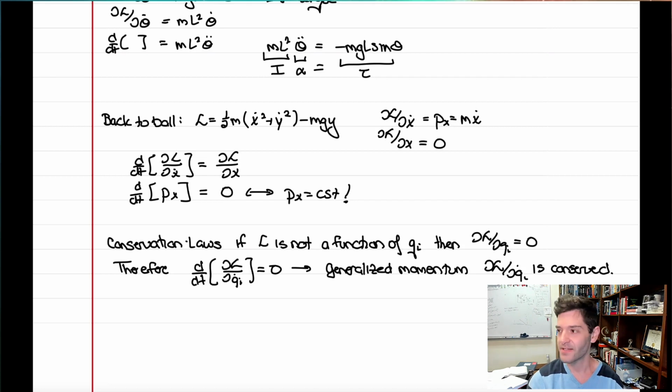Conservation laws, where do they come from? Well, if I can write down the Euler-Lagrange equation in terms of a coordinate such that the generalized position does not appear, I can say something about conserved quantities.